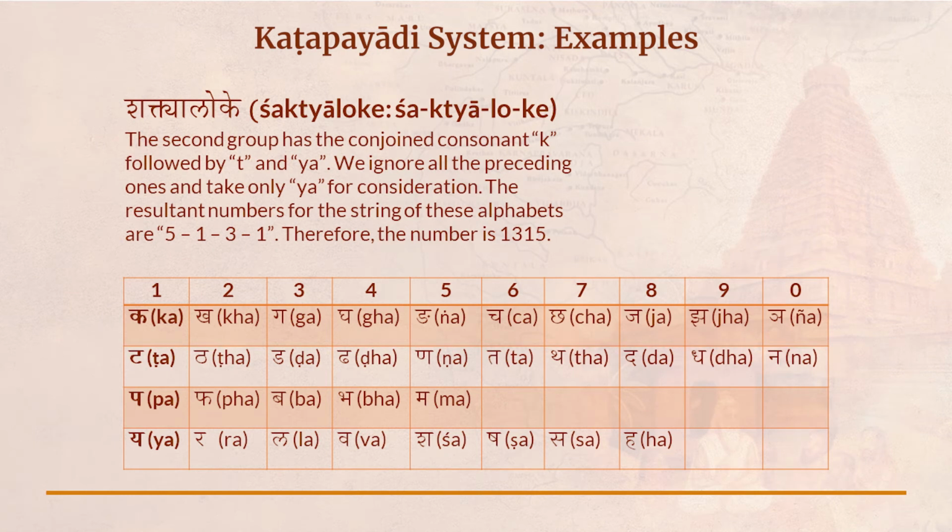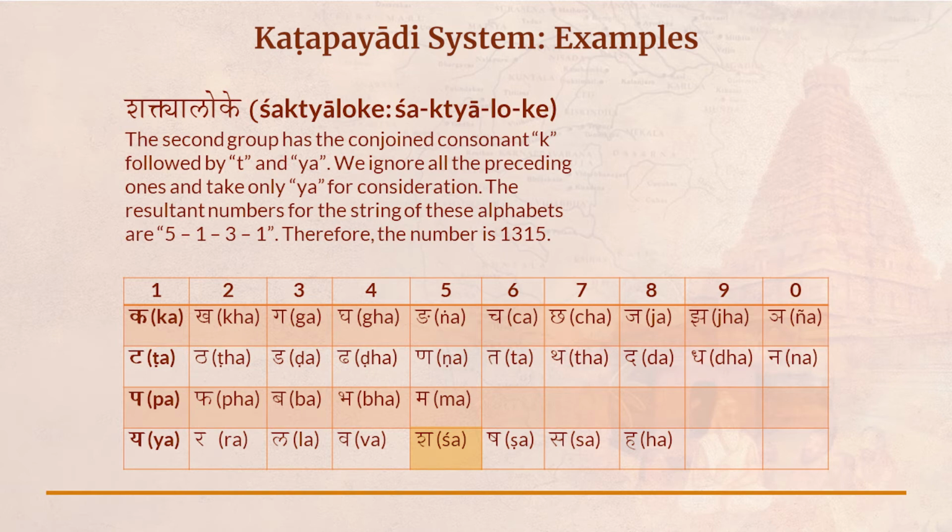Here we have Shaktya Loke. That seems to be the word. Again, if you split it, you have Sha, then you have a samyuktakshara, Kti, Tya, and then Lo and Ke. So there are 4 of them. Sha, as you see from here, represents 5.